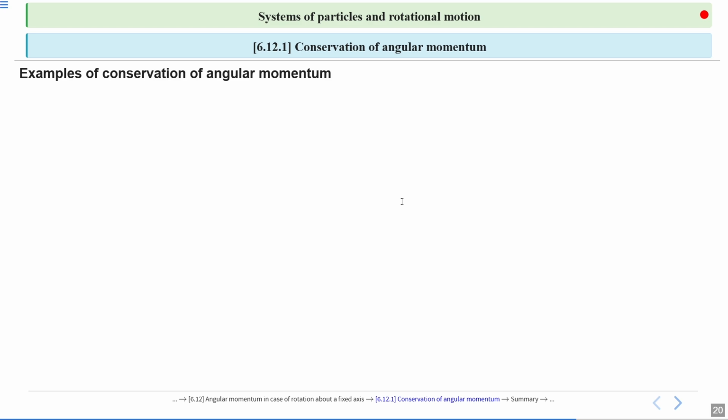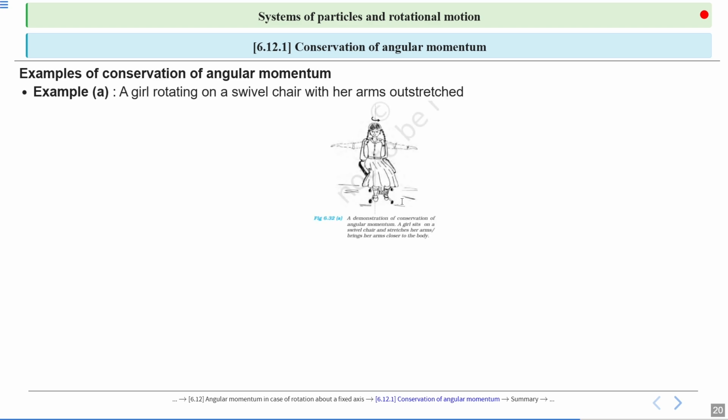Examples of conservation of angular momentum. So, a girl rotating on a swivel chair, her arms outstretched. Imagine this carefully.